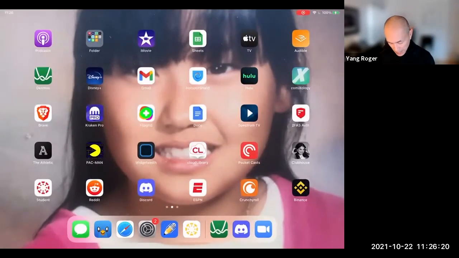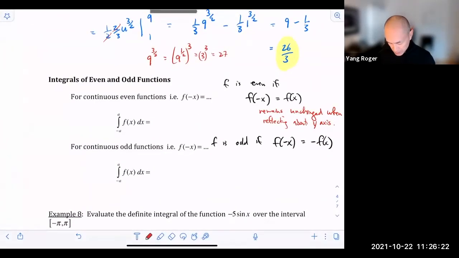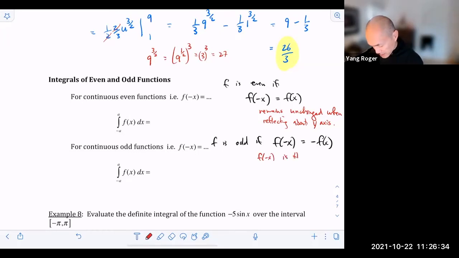So what ends up happening is if f is odd, then f of negative x is the graph of y equal to f of x rotated 180 degrees.